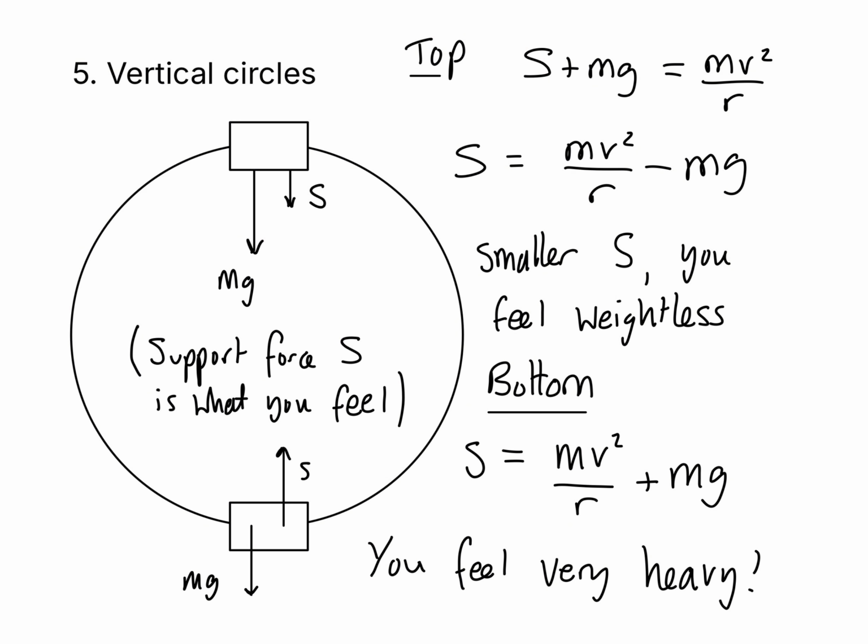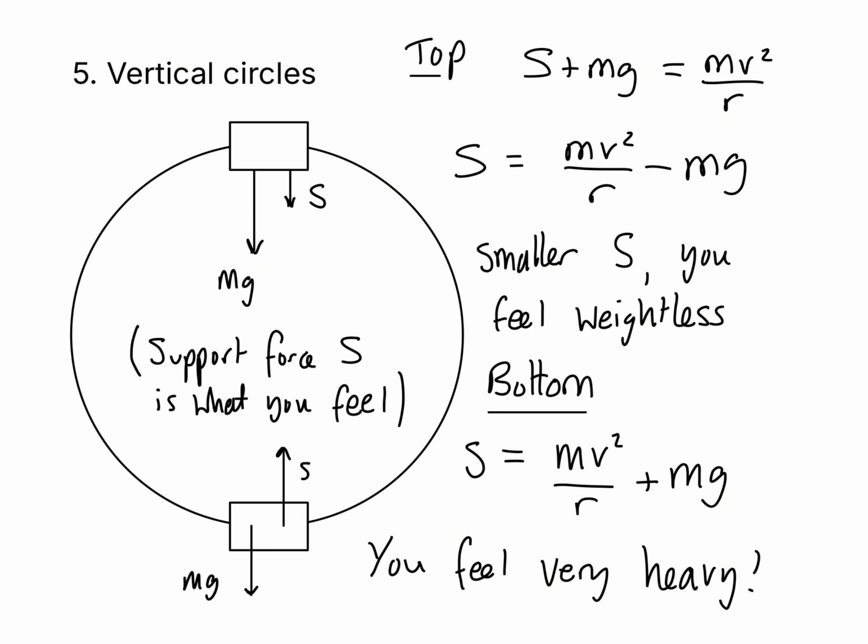Now, the vertical circle, like the loop-the-loop or a fairground ride. Here mg, gravity, is in play, and it matters where you are in the loop. At the top, the centre of the circle is below you, so the net force must point downwards. Both the support force, the force that you feel against the roller coaster, added with mg equals mv squared over r.